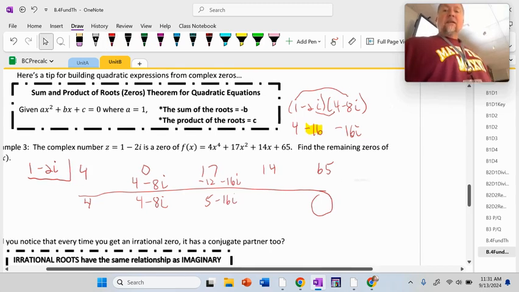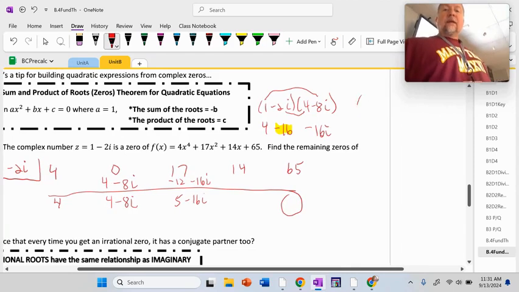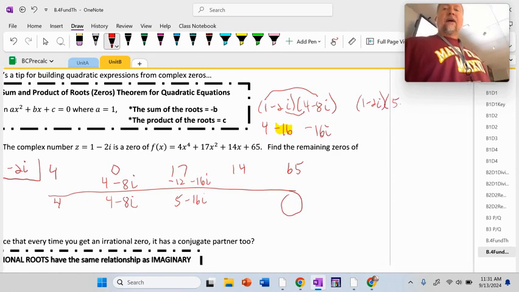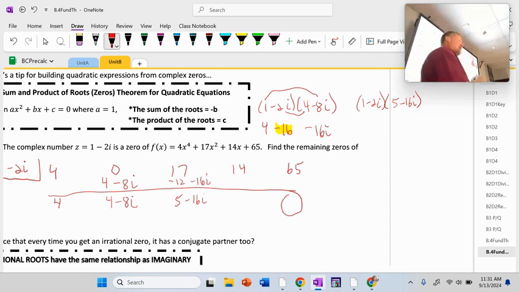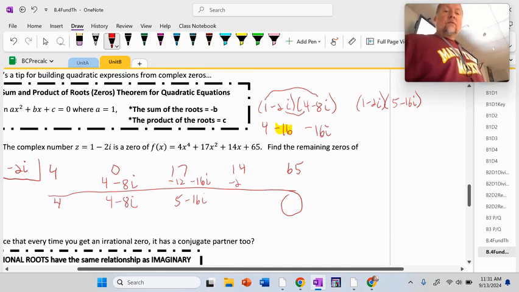For purposes of notes, 1 minus 2i. Go ahead and type that on your calculator. What's 1 minus 2i times 5 minus 16i? What do you end up getting? This is probably why you may not like this way, but the other way is just as lengthy and challenging. What do you end up getting? Negative 27 minus 26i.